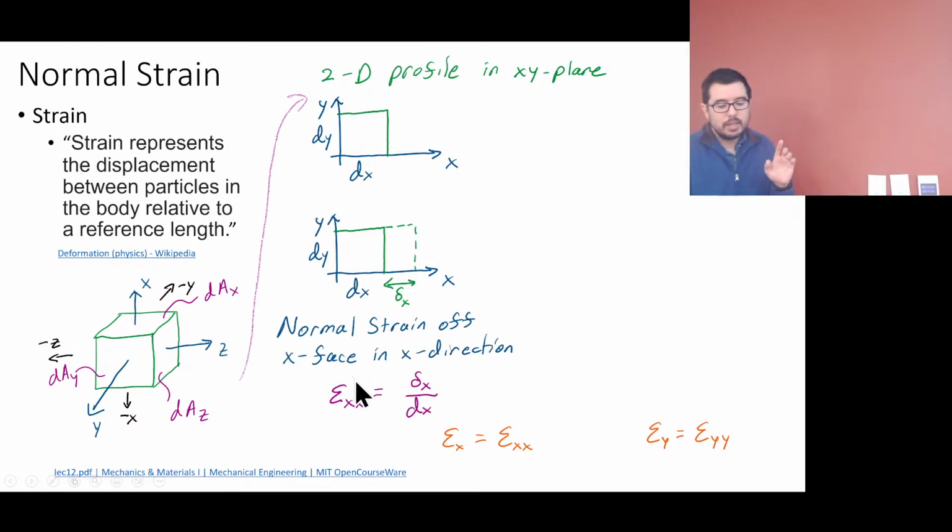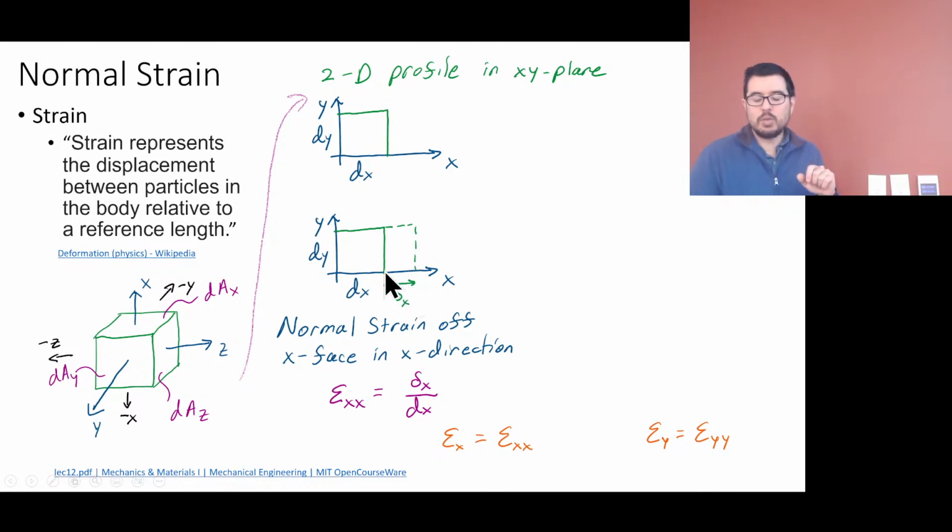So normal strain is off the x face, right? So you remember something? This sounds familiar, right? Off the x face in the x direction. So epsilon xx can be thought of as delta x divided by dx.